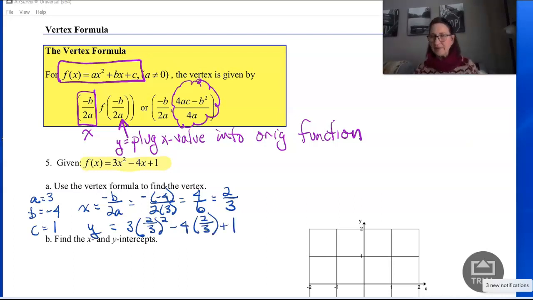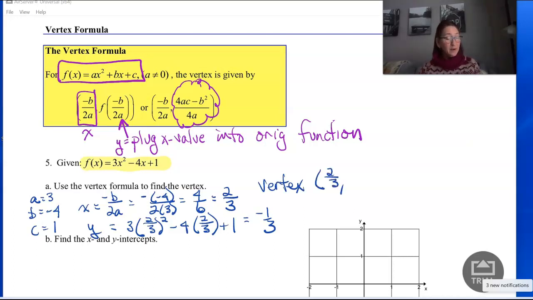You can either put that all into your calculator or you can do it manually. I've already done it, and just for time, I'm going to tell you that you get -1/3. So our vertex is (2/3, -1/3).